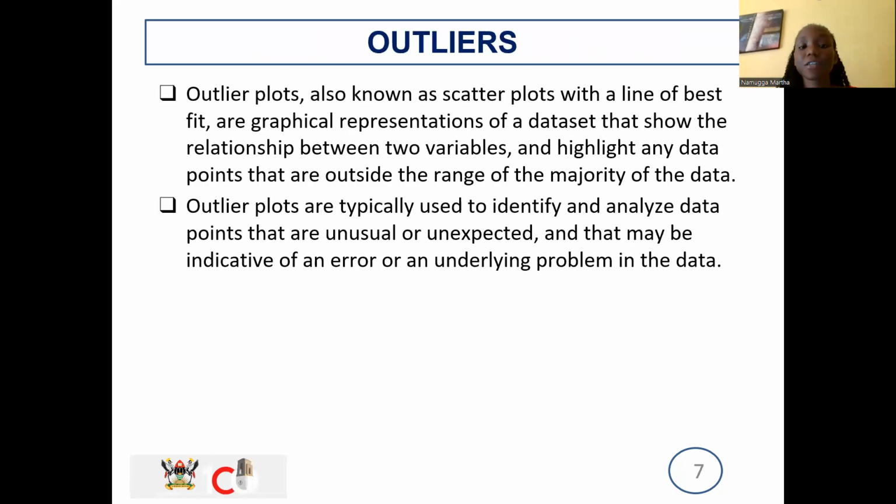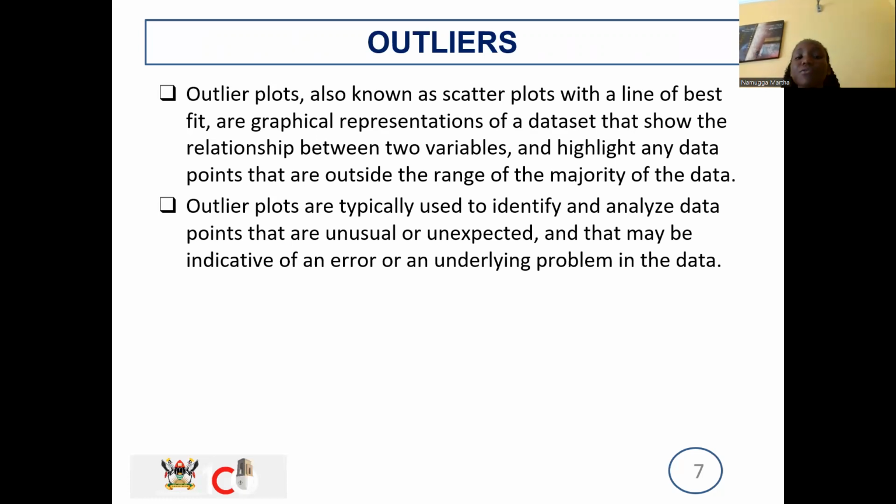Then we have the outliers. Outliers are data that is abnormal compared to the rest of the data. Take an instance: when you draw a line of best fit, it will follow the data where it's concentrated. But if we have data that is very far from the line of best fit, that's unusual.